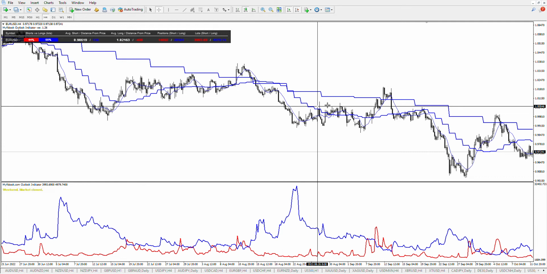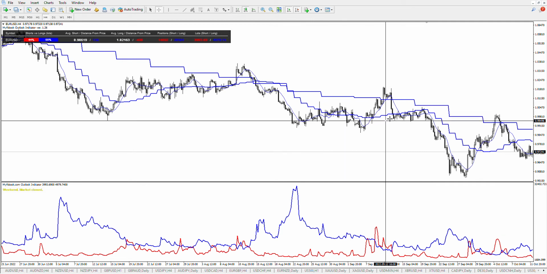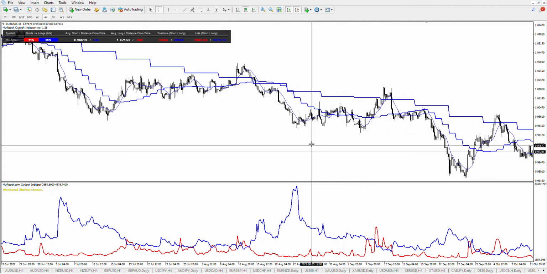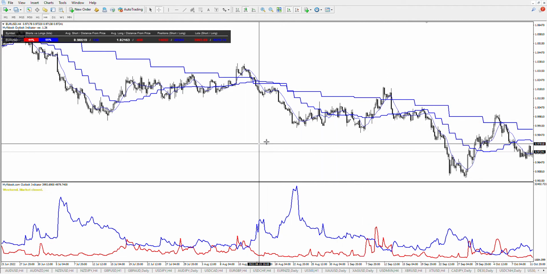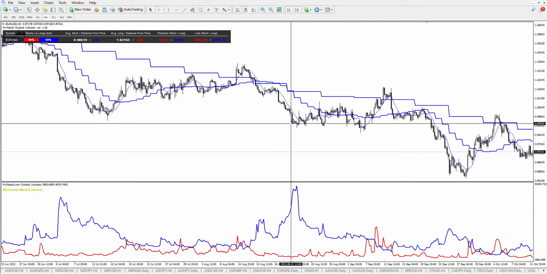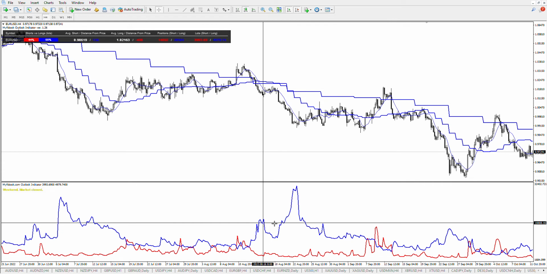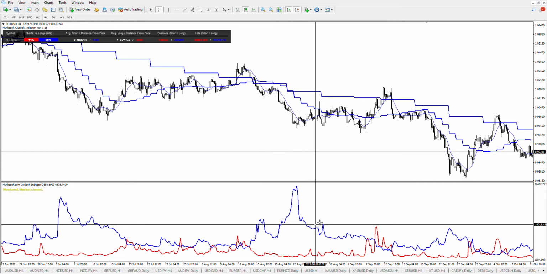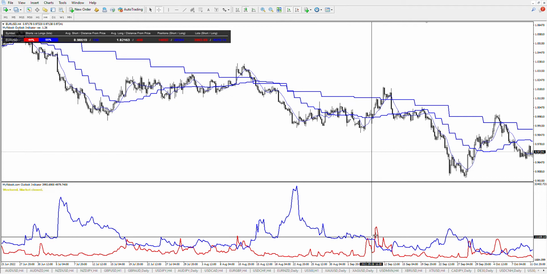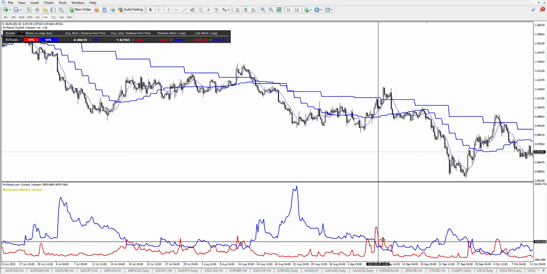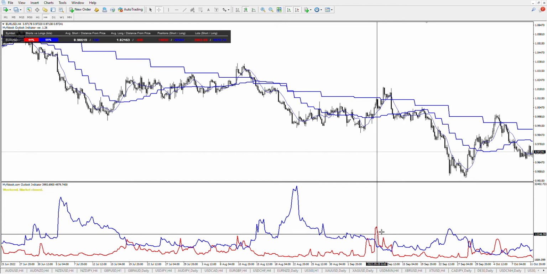You can use whatever moving averages, but this strategy works well with moving averages especially. So here you see the downtrend. The downtrend lasted when most of traders were long. You see they started dying when the traders started cutting their positions, and then we had a small uptrend when we had more sellers than buyers.